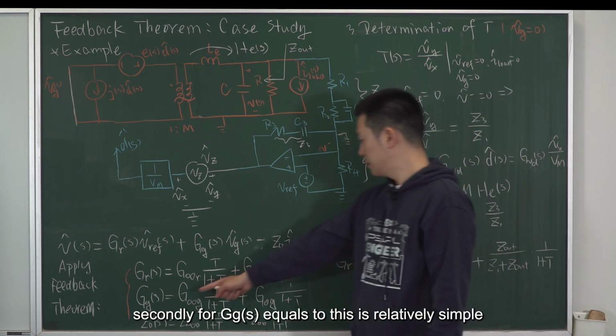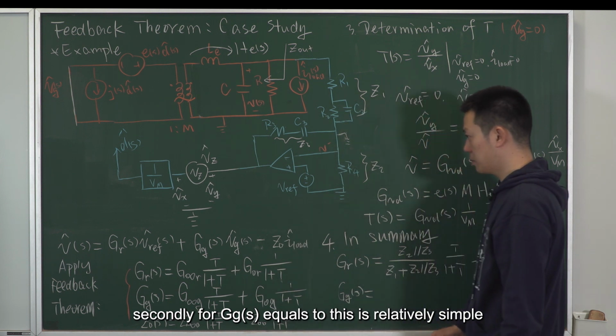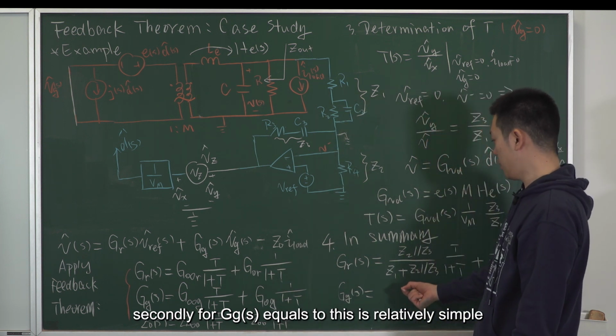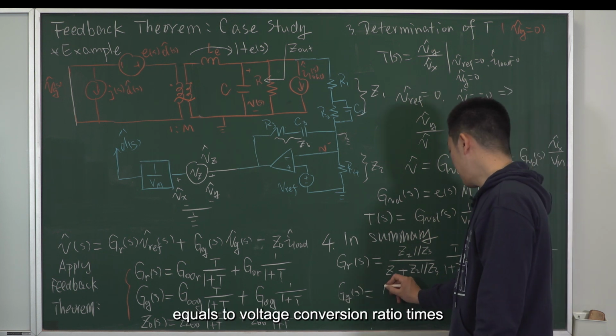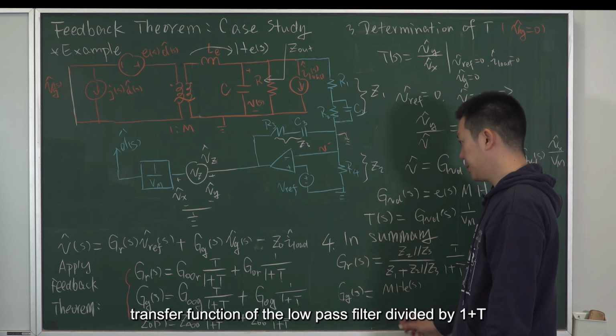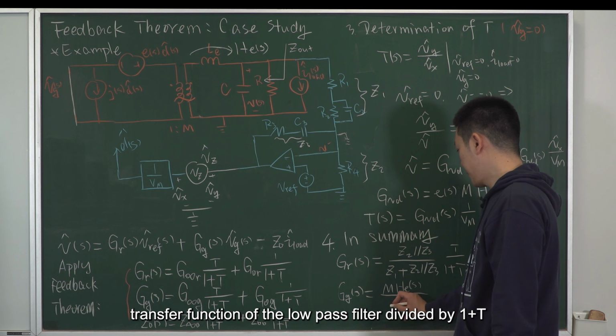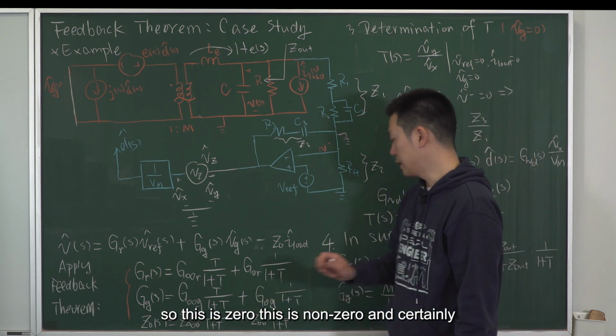And secondly, for GGS equals to, this is relatively simple. So only one part is non-zero, right? Equals to voltage conversion ratio times transfer function of the low-pass filter divided by 1 plus T. So this is 0, this is non-zero.